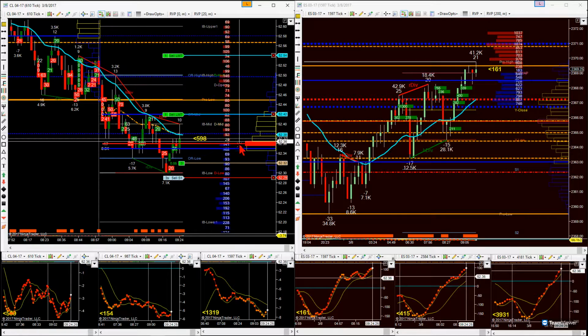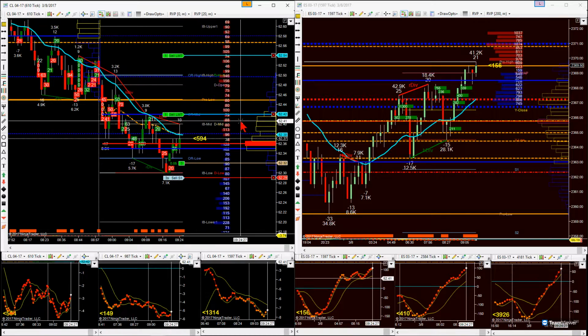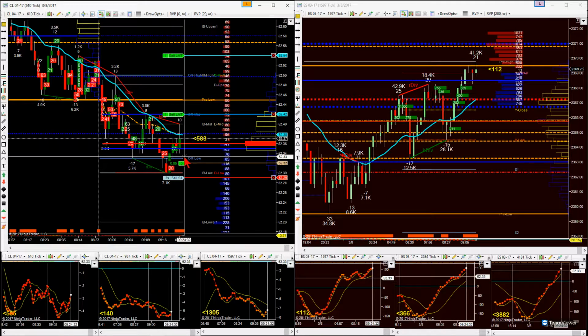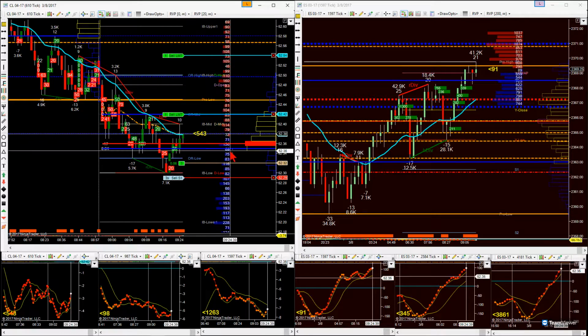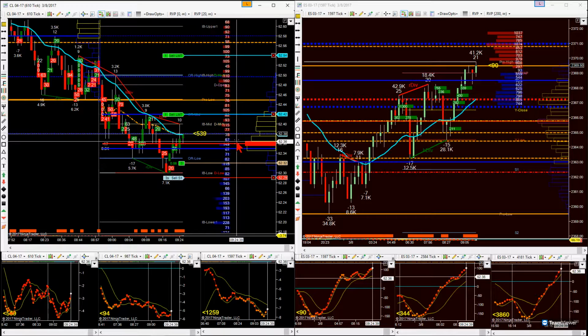We got to see people adding contracts on the bid, and then we start trading the offers and the offers lifting. So we see people coming on the bid. We see people right now adding to their bid size.